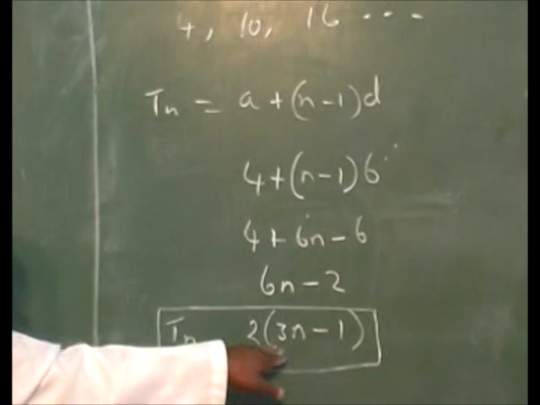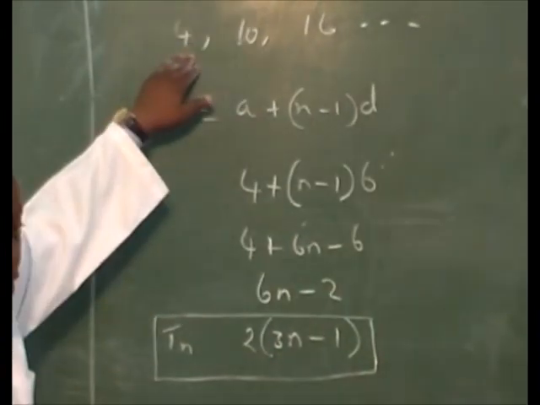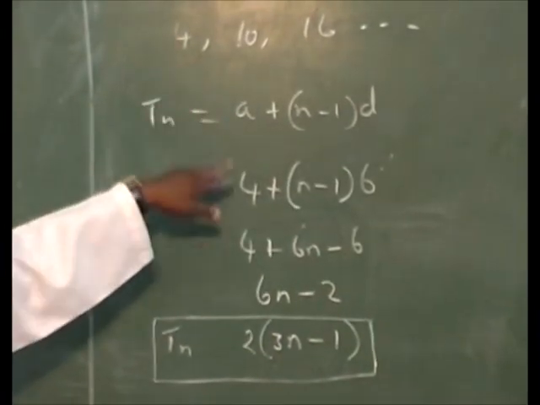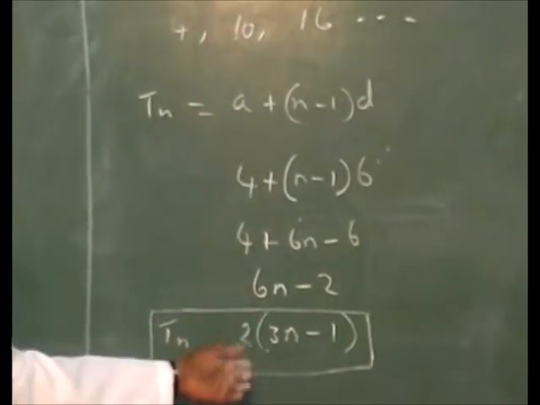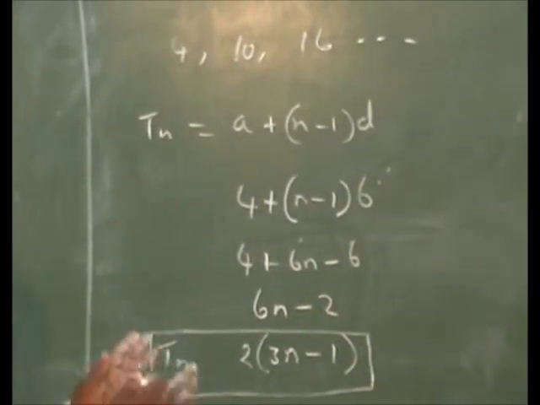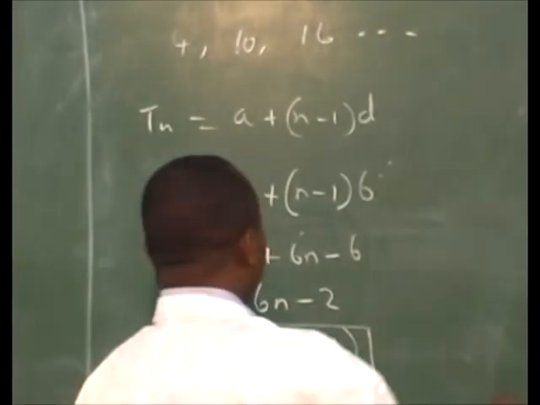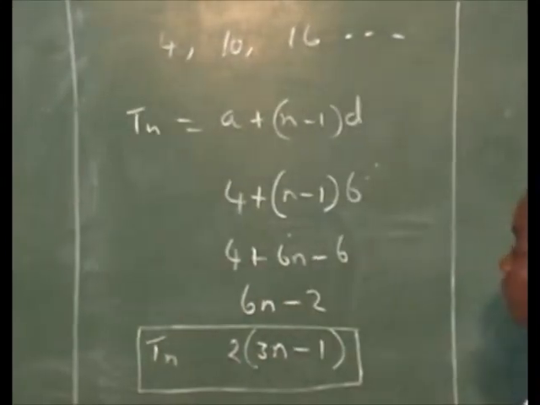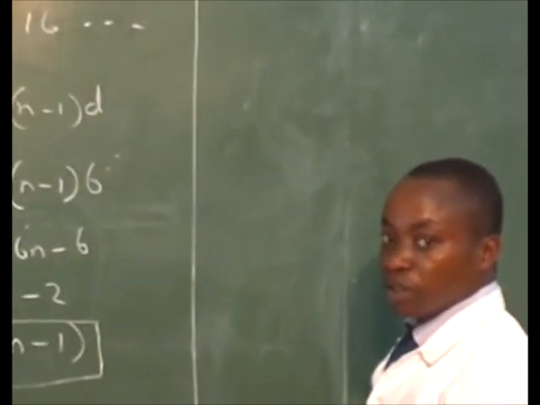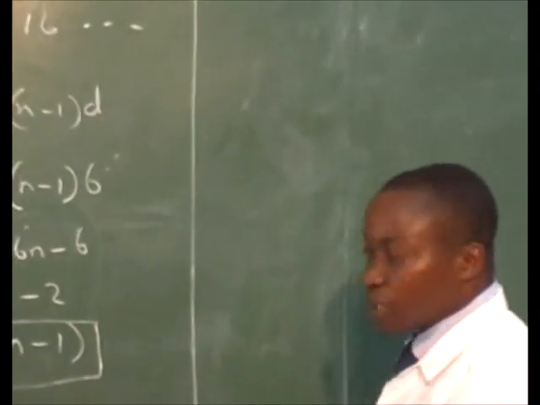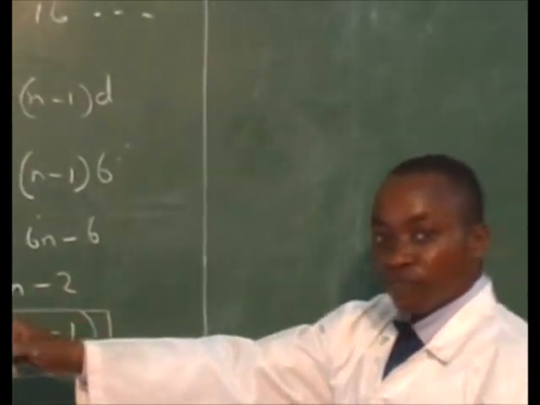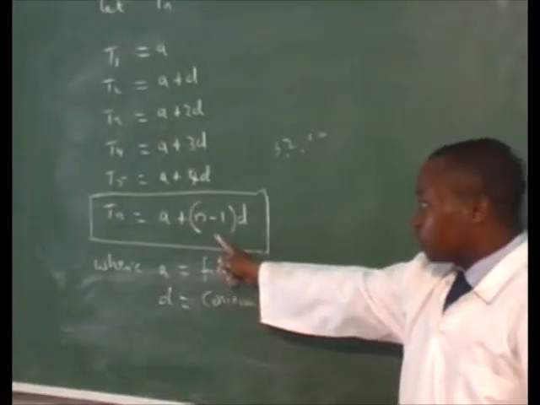If we use this particular formula for this sequence, whatever term we want to get, we can use this formula to get it. That's for a particular sequence. In another sequence, we can also have another formula. But the general formula for a sequence is the first one that we have kept here.